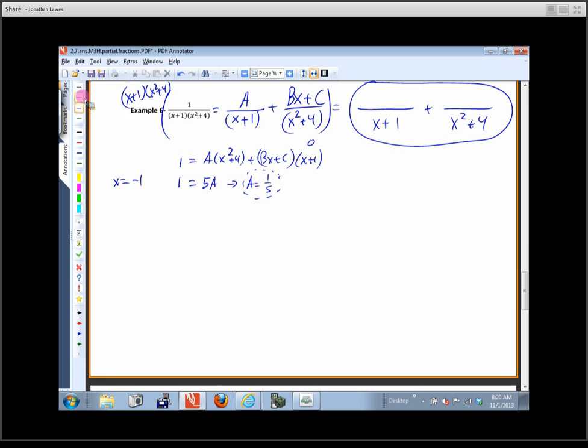Okay, now, here's how I like to find the others. You could plug in a 0 or a 2 or something like that and make some system of equations. This is the way I like to do this. So I'm going to go through here and distribute through. This is going to be 1 equals ax squared plus 4a.